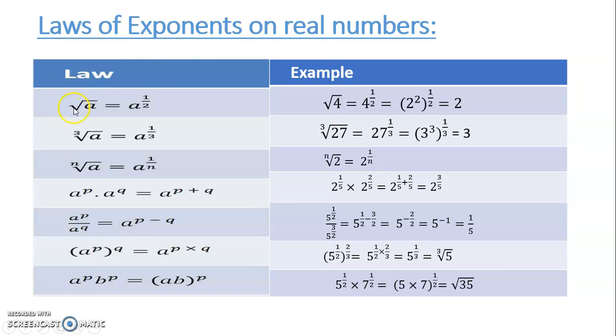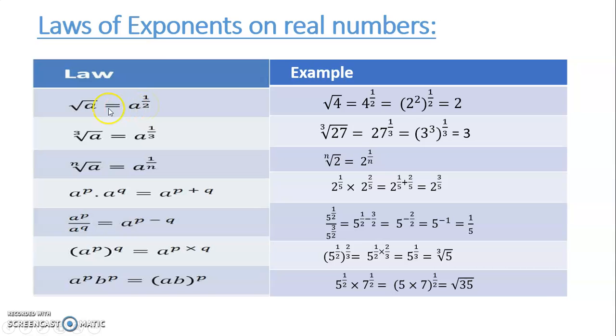The first law says if there is a radical sign over any number, where a represents any kind of number inside the radical sign, you can remove this radical sign and put 1 by 2, that is the fraction half, at the place of the exponent.